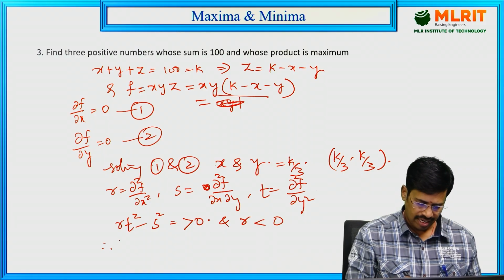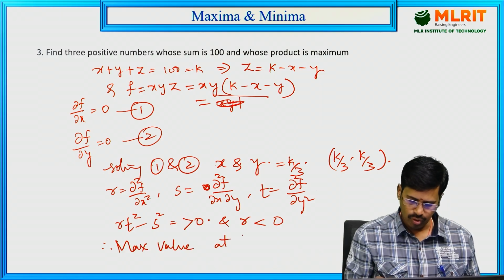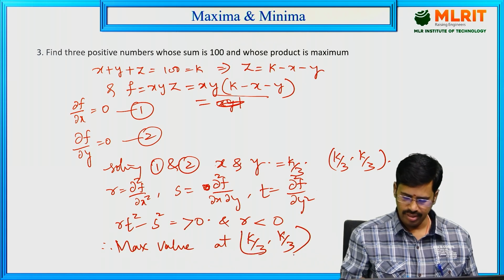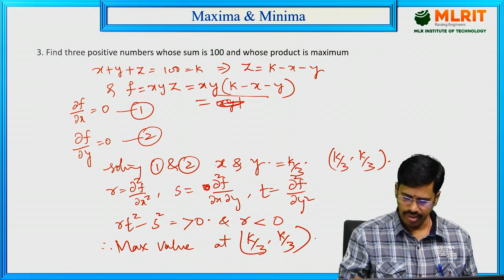Therefore the function has maximum value at the point (k/3, k/3), right? So substitute x value, y value, we get z is also k by 3. Thank you.